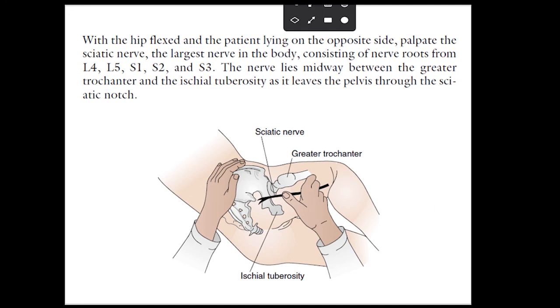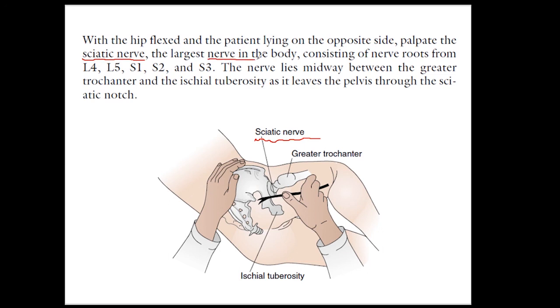Lower back pain is a pretty common problem. A lot of patients come with lower back pain, and some lower back pain radiates down to the legs. That's basically caused by sciatic nerve trouble. The sciatic nerve is the largest nerve in the body.